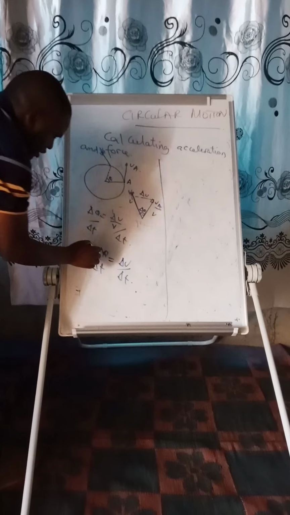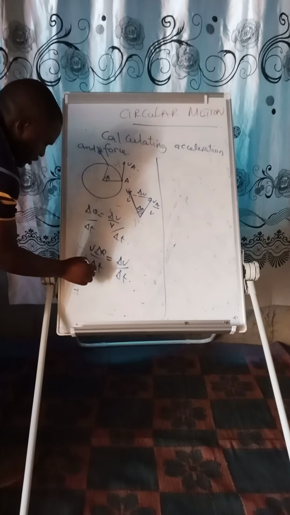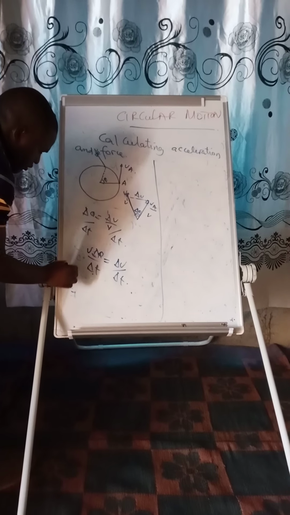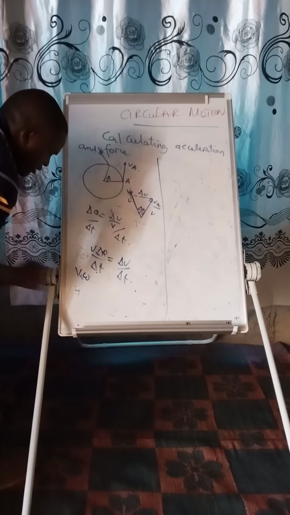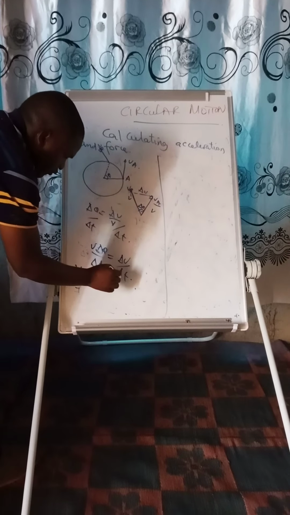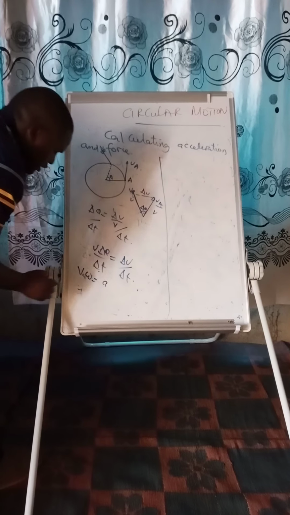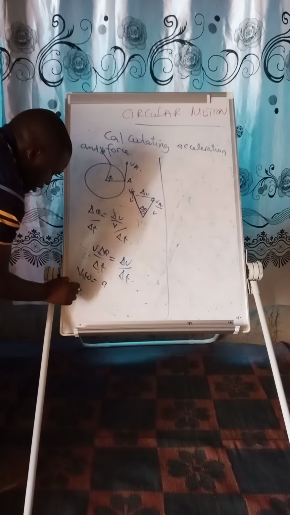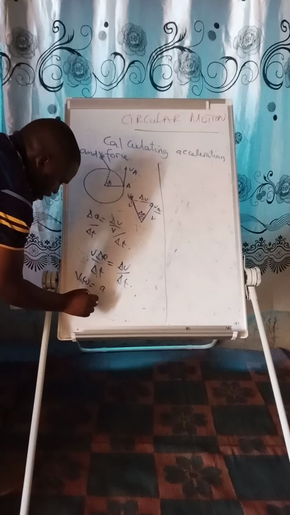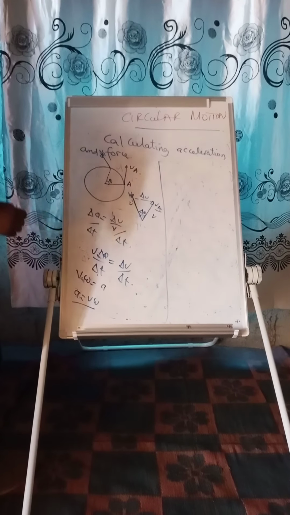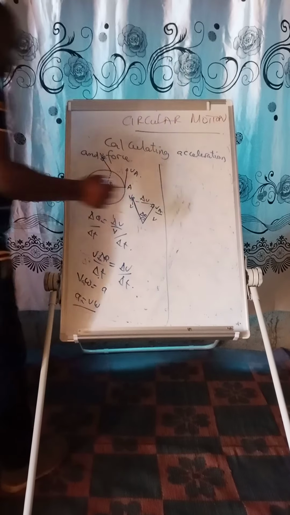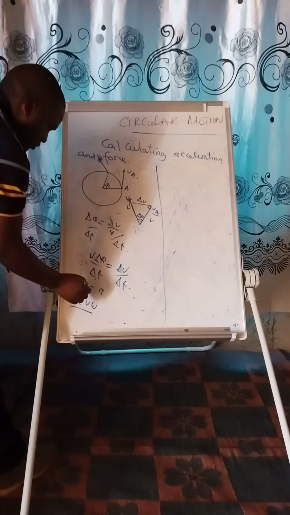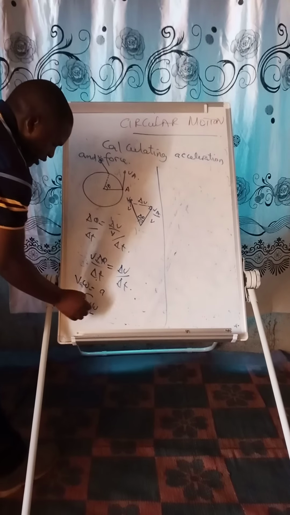Change in theta over change in t is omega. And change in V over change in t is acceleration. So our acceleration is V omega. So we can find our acceleration by using this formula.